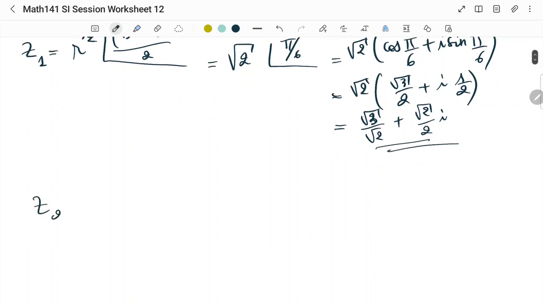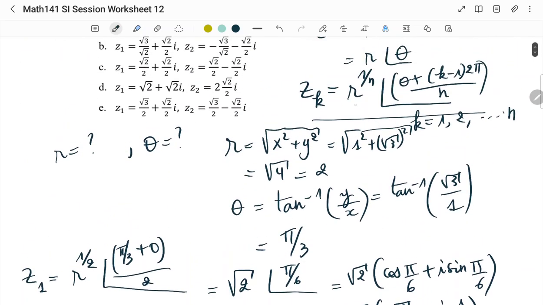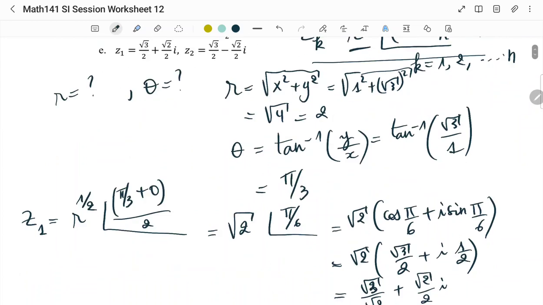So that's our first root. Our second root is equal to, once again, root 2, because all roots have the same value of r.